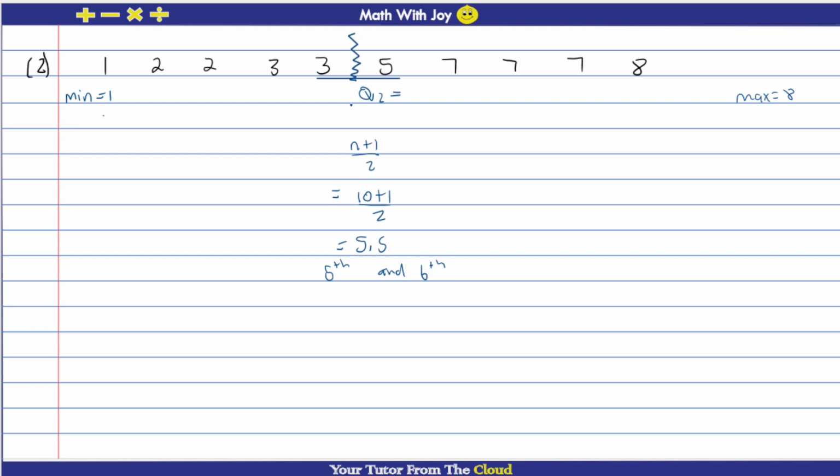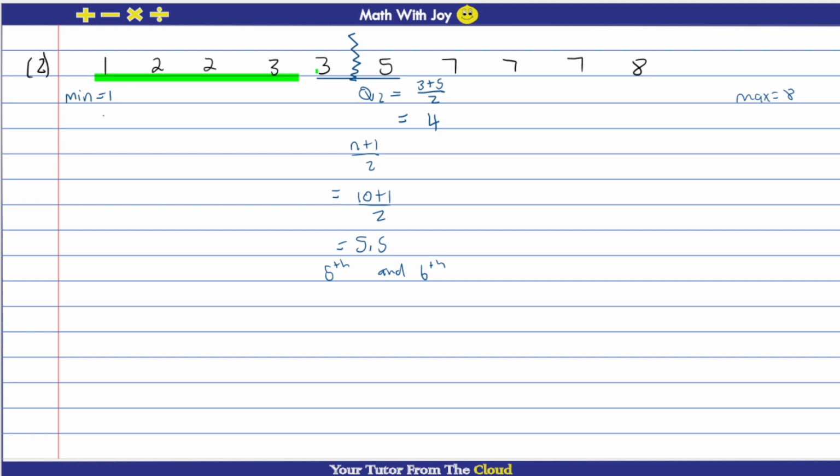Whatever number is between 3 and 5, that's my Q2. And to easily get the number between two numbers, all you have to do is just add them, 3 plus 5, and then divide by 2. That gives me the number in between. So 3 plus 5 is 8, divided by 2 is 4. So Q2 is 4.